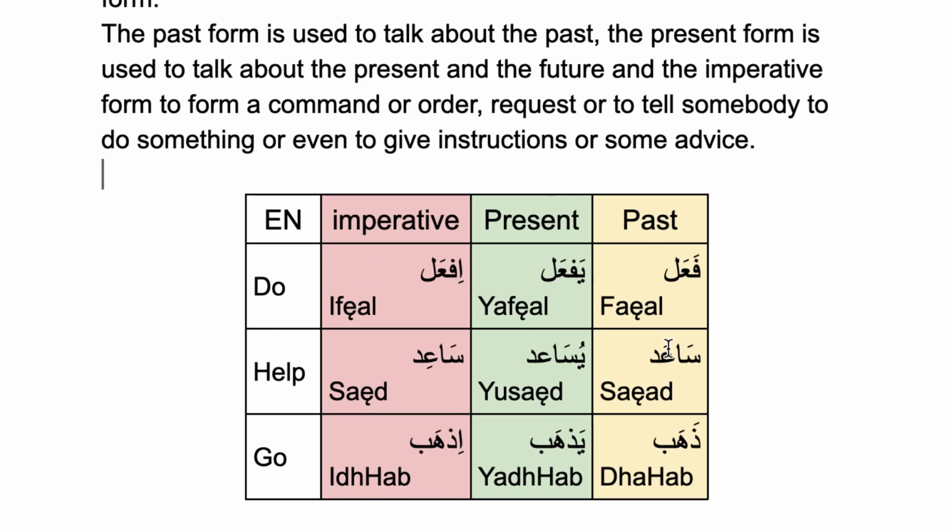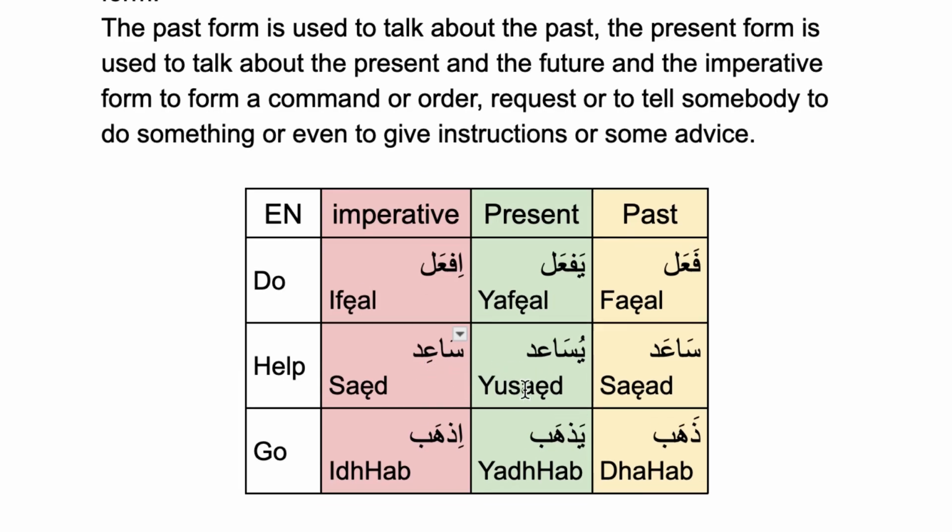Now the next verb, sa'ad. Next, yusa'id. Next, sa'id. Now the translation. Sa'ad means helped in the past tense. Yusa'id means helping. Sa'id means help.